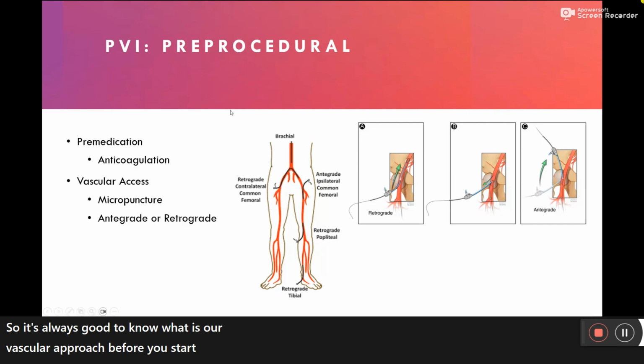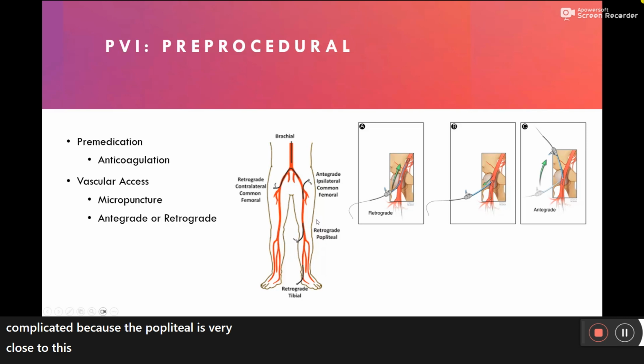Okay? So outside of this retrograde and antegrade femoral sticks, you do have an option for a popliteal stick. And a popliteal stick can be retrograde. It can be antegrade, but it's more complicated because the popliteal is very close to this trifurcation right here.